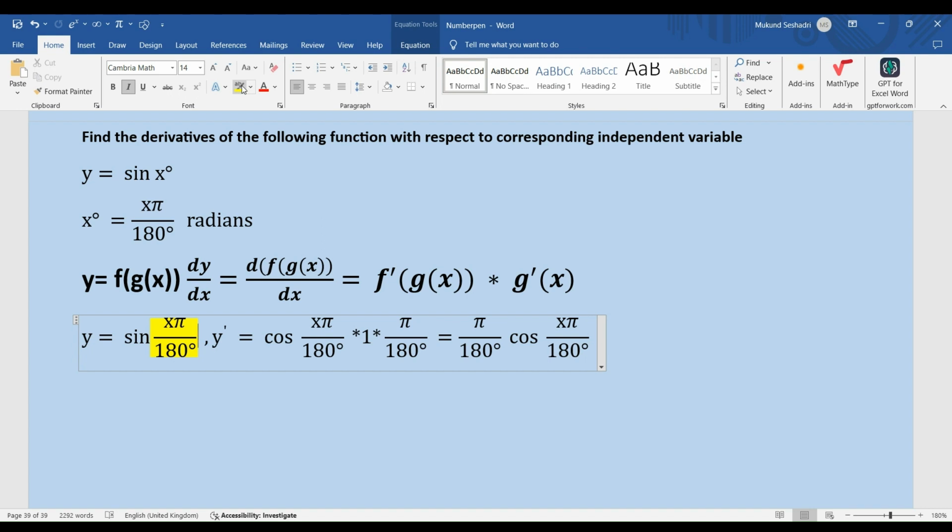And then my second part, which is a g dashed of x, like I mentioned earlier, my g of x is x pi by 180. So my g dashed is, pi by 180 is a constant and d by dx of x is 1. So that's how I arrive at pi by 180 into cos of x pi by 180 for this particular problem. So again, a good example of chain rule of differentiation.